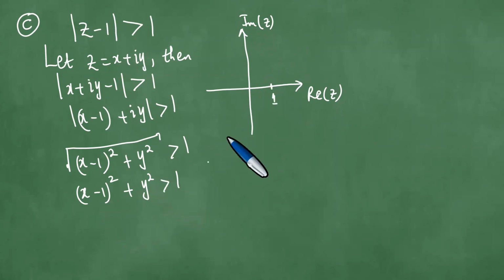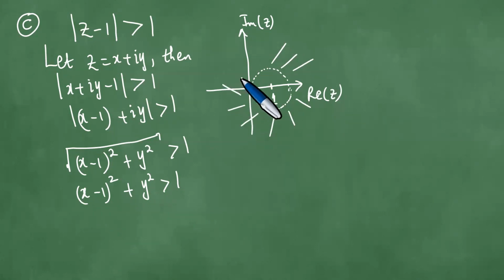And now the radius is 1, so it is a region that resembles a circle, but has no boundary. We are looking at what is bigger than 1, so the region bigger than 1, like this. So that is the region.